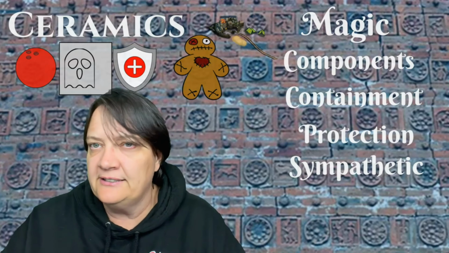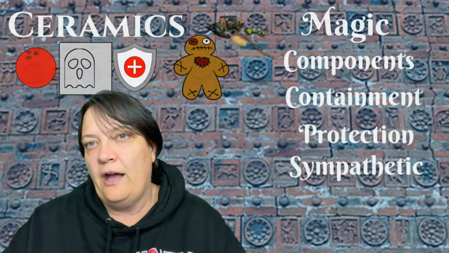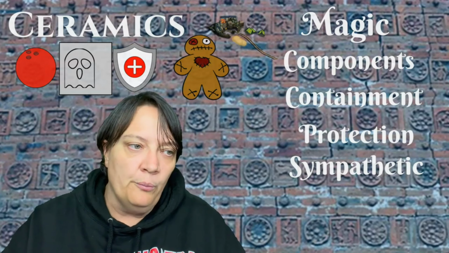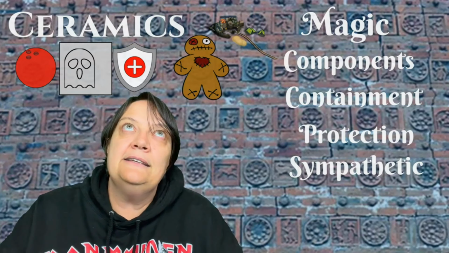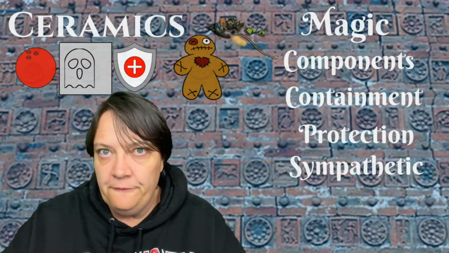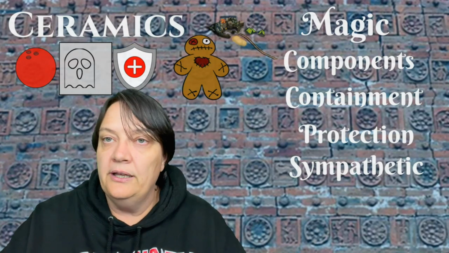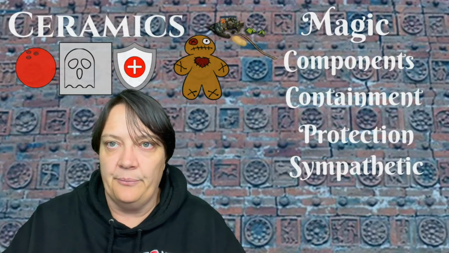So if you're modeling a city, you have to go gather the clay from that city. If you're modeling an animal, you have to go gather the clay from the area where that animal is common, et cetera. I think that if you're going to do a sympathetic magic system, I would definitely consider using ceramics as an element of that system.